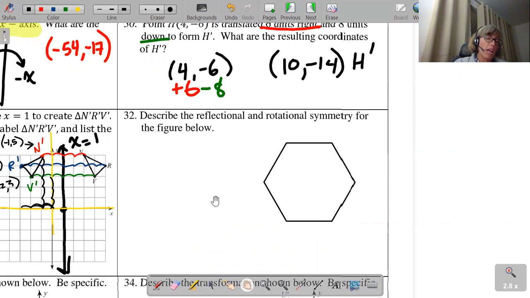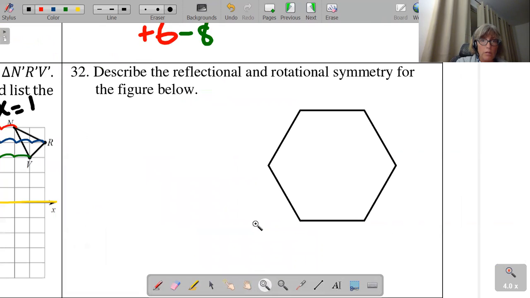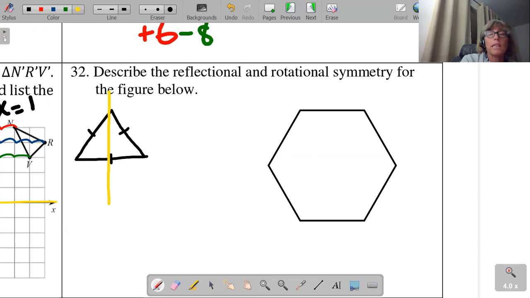Describe the reflection and rotational symmetry. Okay, first off, reflective symmetry is if you can fold a shape. For example, if I have an equilateral triangle, how many times can I fold it, or where can I fold it and get the exact same image? So I could fold it that way, I get the exact same image.